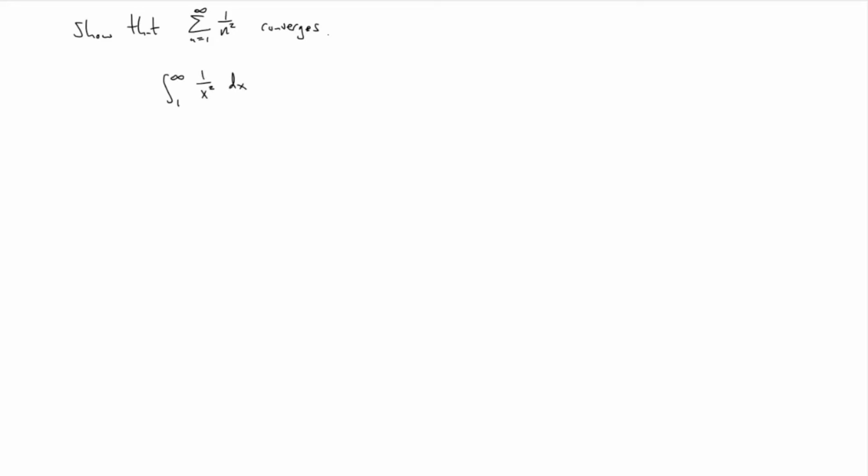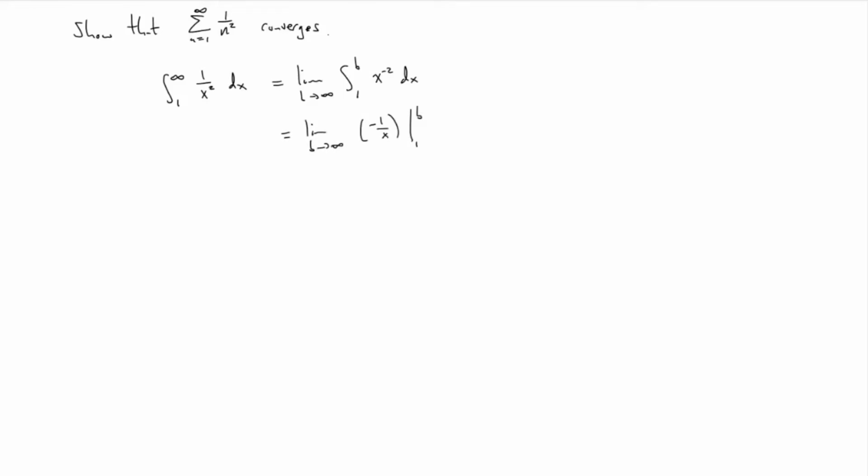You have to consider the function f of x equals 1 over x squared, which is positive, continuous, and decreasing from 1 to infinity, and which gives us the terms 1 over n squared at every natural number n. And so we can look at this improper integral, which is defined in terms of a limit, and is not hard to integrate.